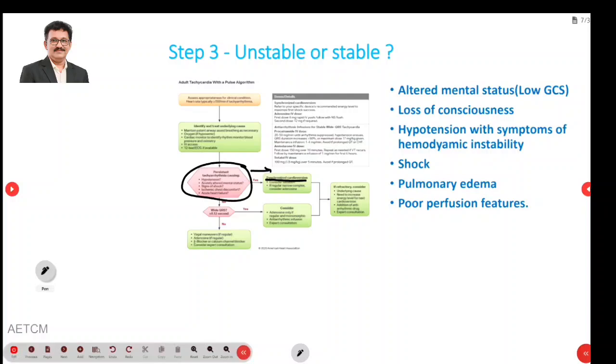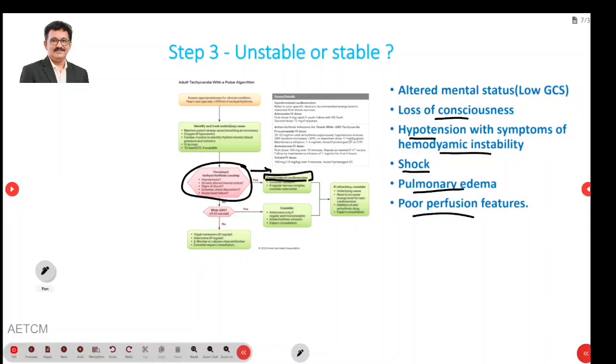Patient is having altered behavior, altered low GCS, loss of consciousness, hypotension, hemodynamic instability, shock, pulmonary edema, poor perfusion. Okay. If any of these features are there, or suppose patient is having severe chest pain because of this tachyarrhythmia, then patient is unstable. Then your step here will be, you have to go for synchronized cardioversion. We will see afterwards what are these things.